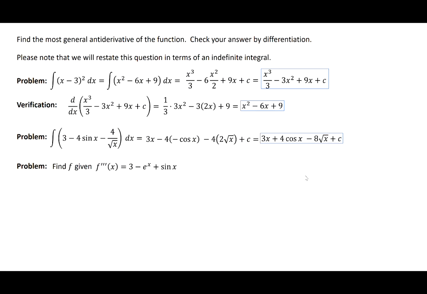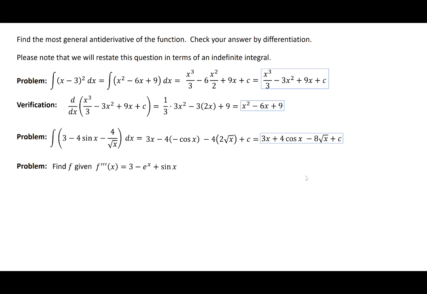But let's see. Let's go back to derivatives for a second. If I give you f and ask you to find f triple prime of x, can you get to f triple prime in just one shot? No, you cannot. You have to go in sequence.